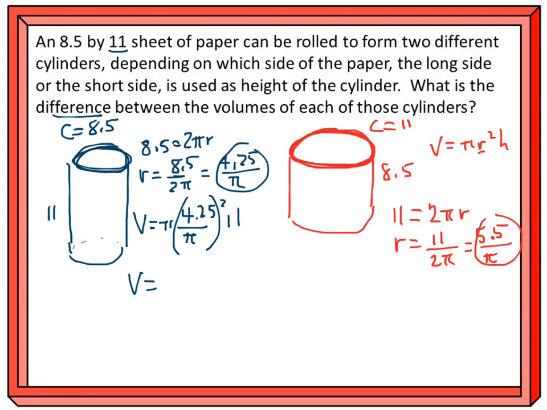The volume is going to be 198.6875 over pi. It's an exact answer. So I didn't put pi into the calculator, I just did all the other calculations except for dividing by pi. And this is, what, inches cubed?